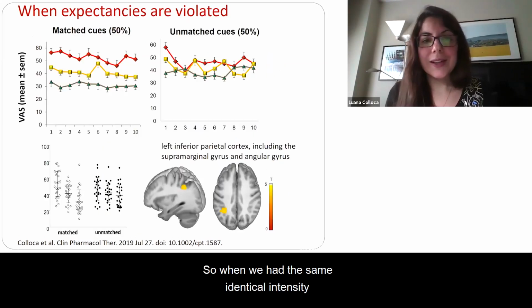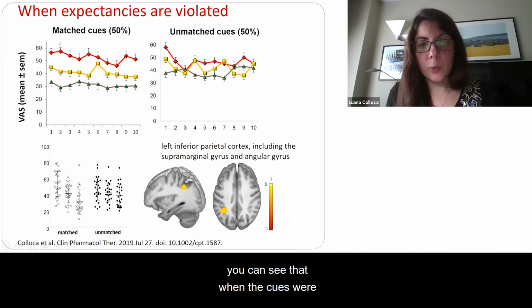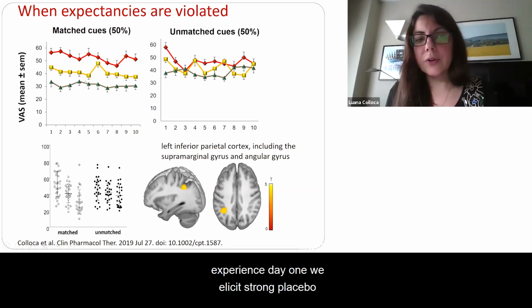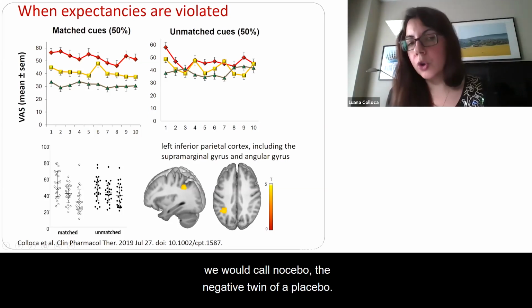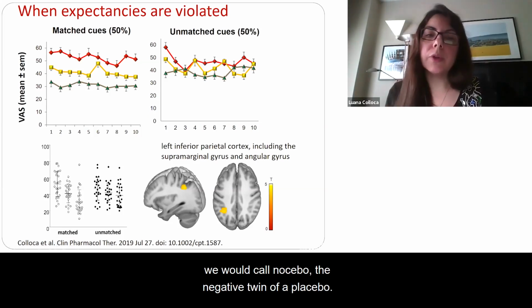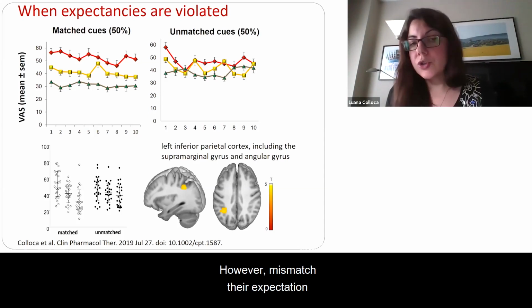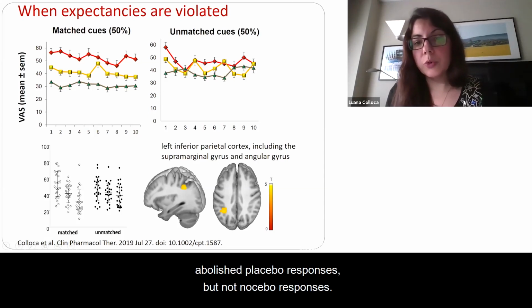So when we had the same identical intensity of painful stimulation to a thermode, you can see that when the cues were matched with what they expect and they experienced on day one, we elicit strong placebo effects, but also negative placebo effects, what we would call nocebo, the negative twin of placebo. However, mismatching their expectation with what they had learned previously abolished placebo responses, but not nocebo responses.